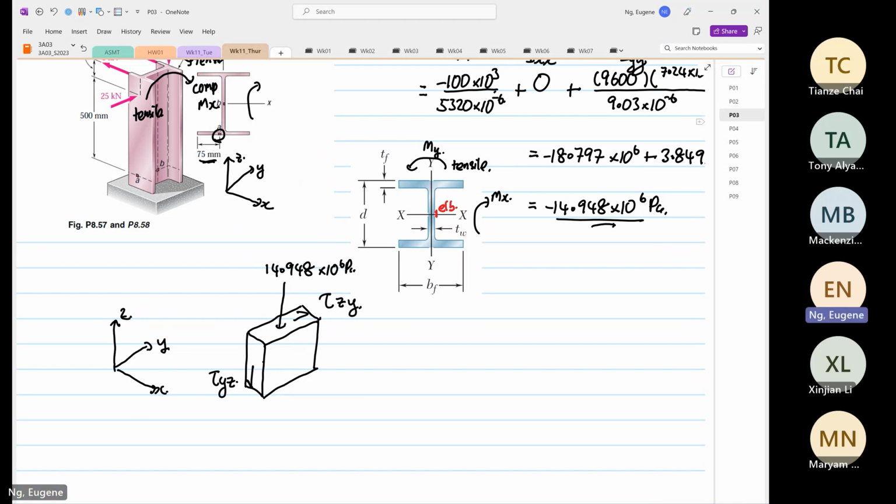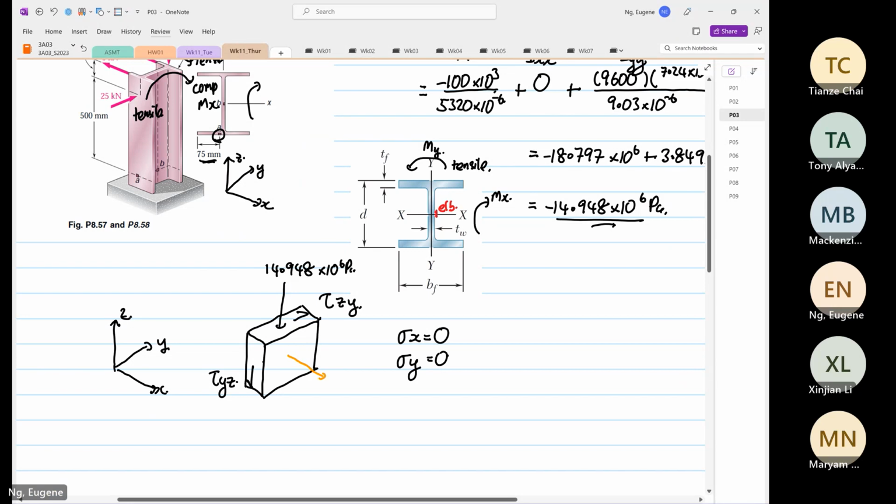From here, we also know that normal stress x is equal to 0, and normal stress y is also equal to 0. If I were to sketch, this will be our normal stress x, and this will be our normal stress y, and both of them are equal to 0. Now we are trying to look at the shear.